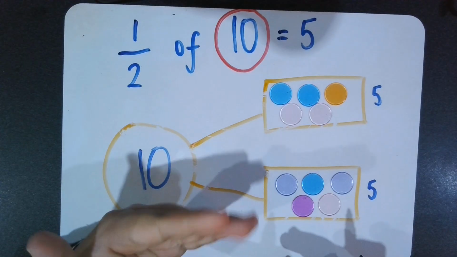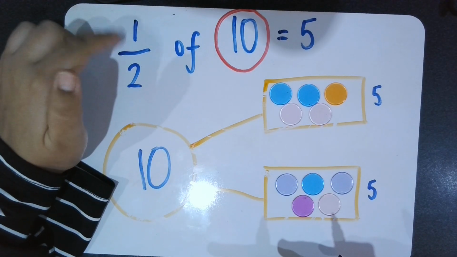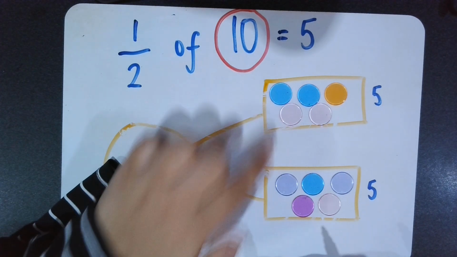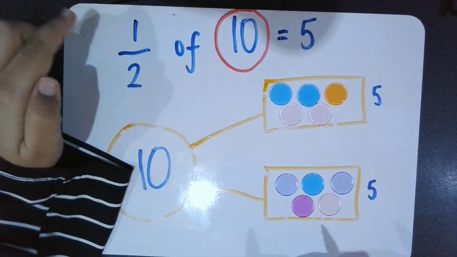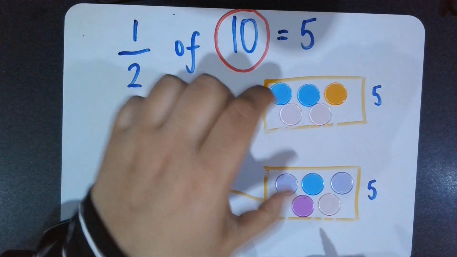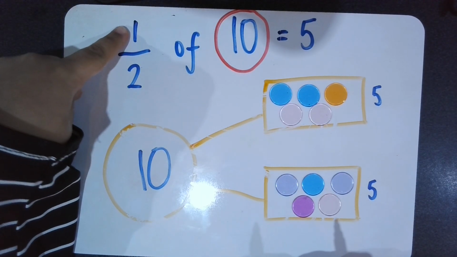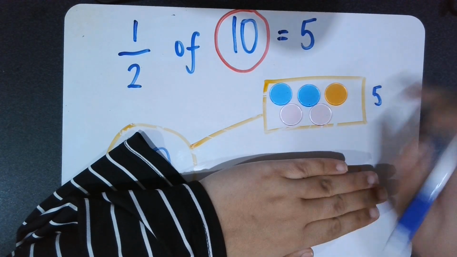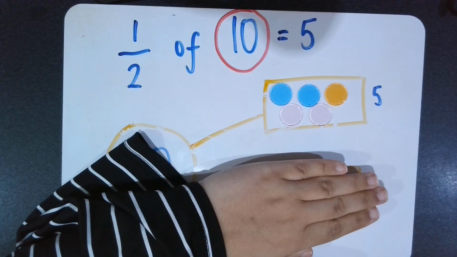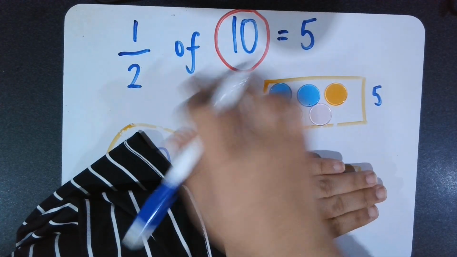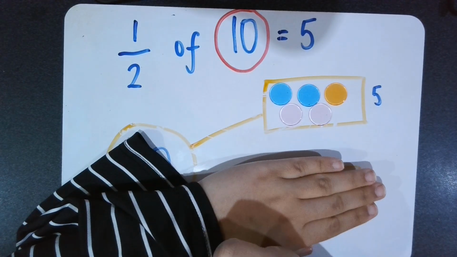Or, if you want to think a bit deeper about it, my numerator is 1. Remember, in a fraction, the denominator is the total number of parts you've got, and the numerator tells you how many parts you want to look at. I want to look at one of the parts. So I'm just going to look at one of my parts and see how many are in that part. Well, we know it's 5. So a half of 10 is 5.